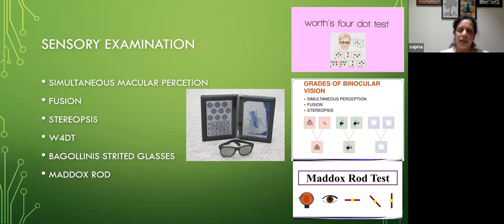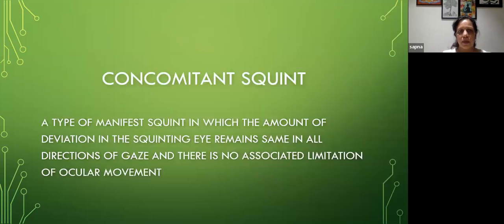Supposing the child, with due course of treatment, has become ortho and you want to slowly wean off the accommodative glasses, and the stereopsis is good, once stereopsis is developed, it is very rare that the child would again go into eso. You can slowly, gradually wean that off. So these are how we routinely should examine every patient of squint.